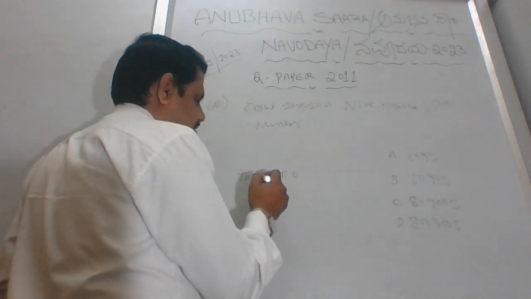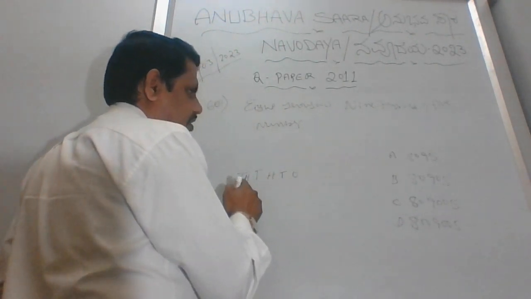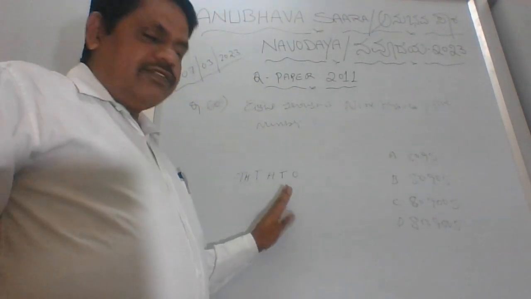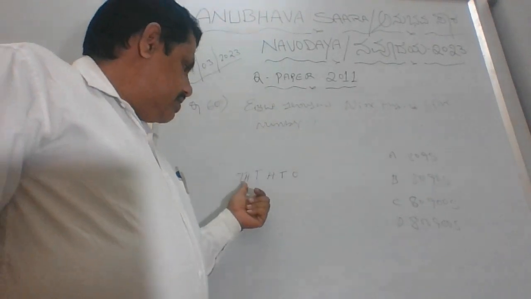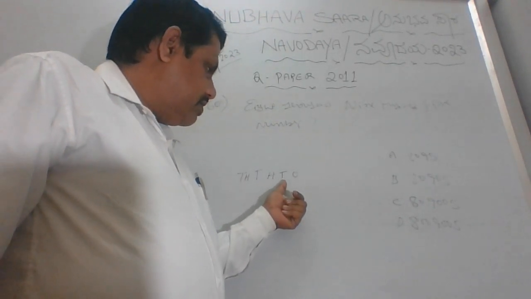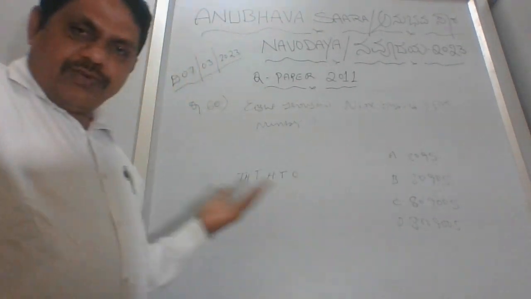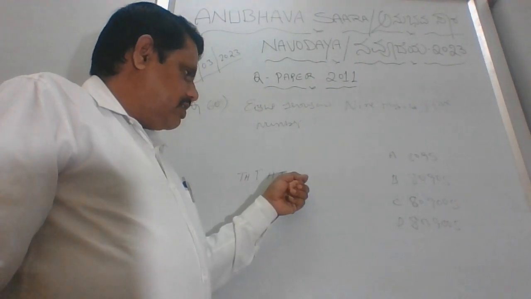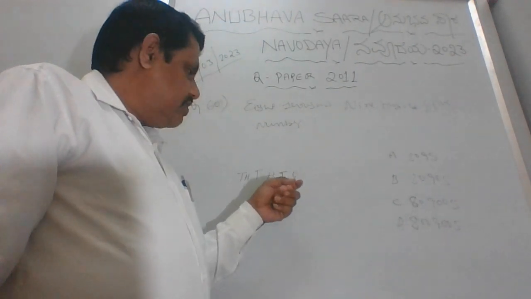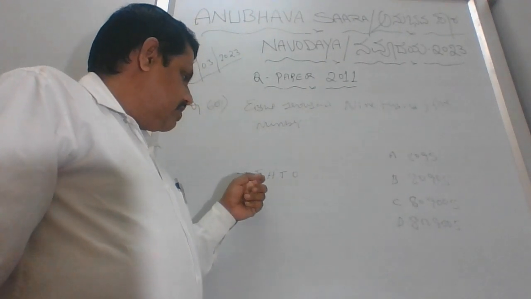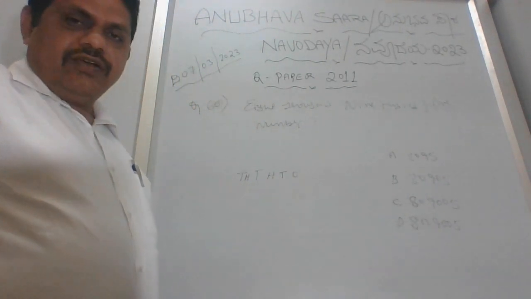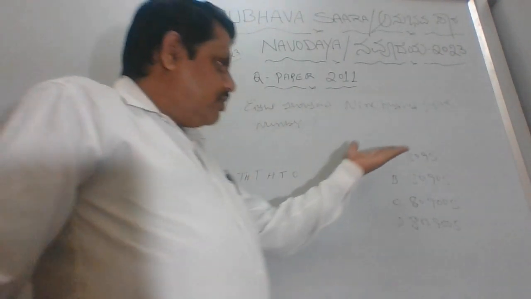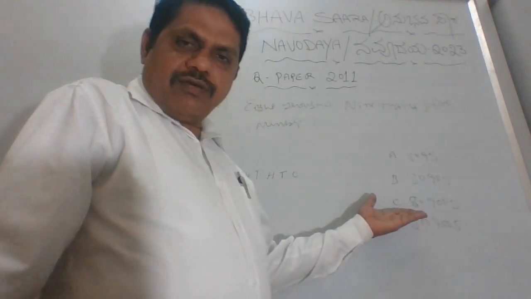Ones, tens, 100, 1,000, 10,000. 1, 2, 3, 4, 5. Clear? So first you have to write this clearly. Similarly, ones, tens, hundreds, 1,000, 10,000. How many numbers do we have here? 1, 2, 3, 4, 5. Whichever is the option, it has 5 numbers.